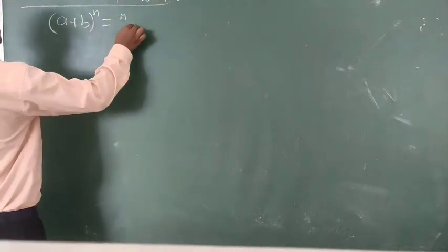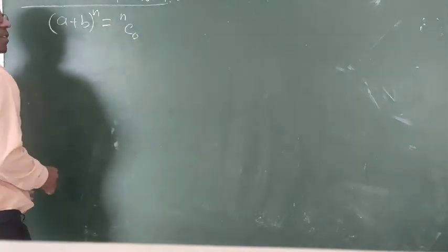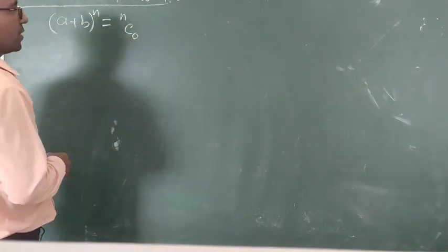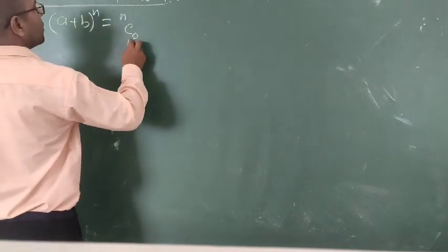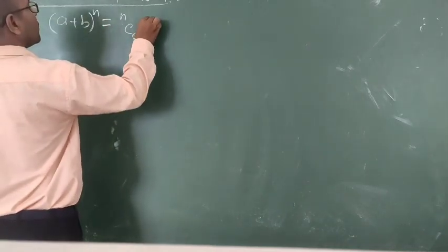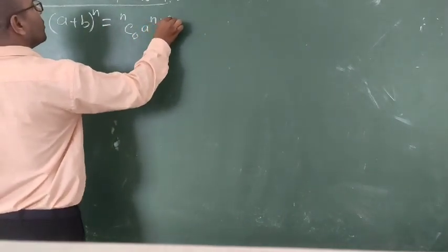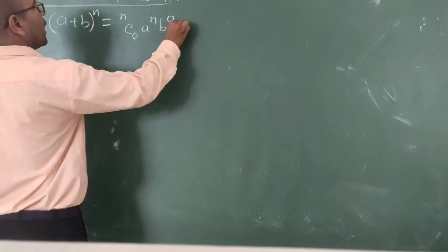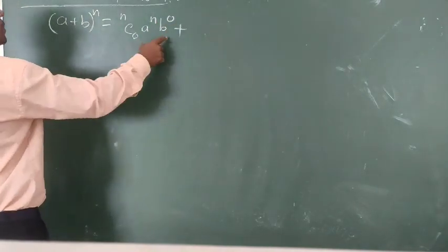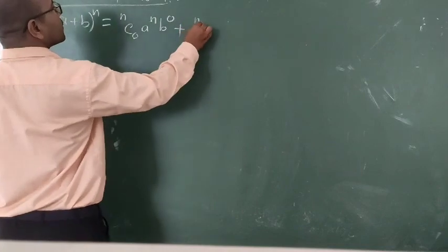So its expression will start from nC0. See the combinations which we have learned in the permutations and combinations chapter. So nC0, a to the power n, b to the power 0. Again use the plus because of the positive side.